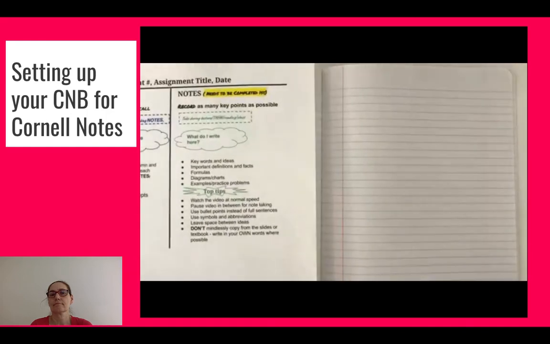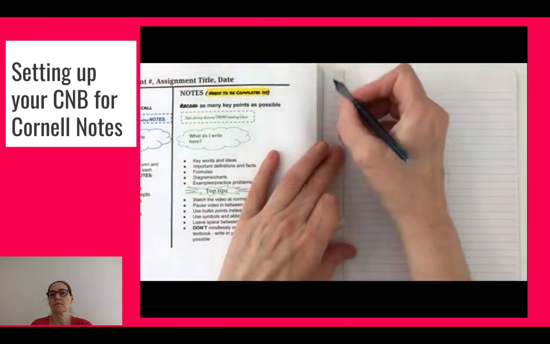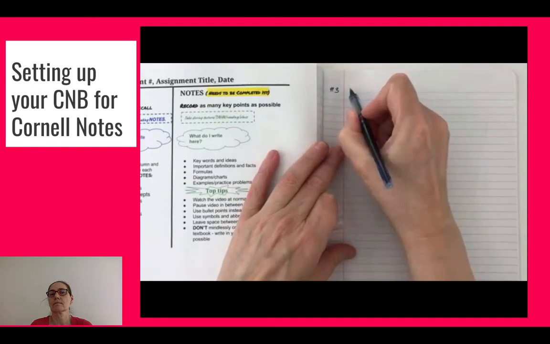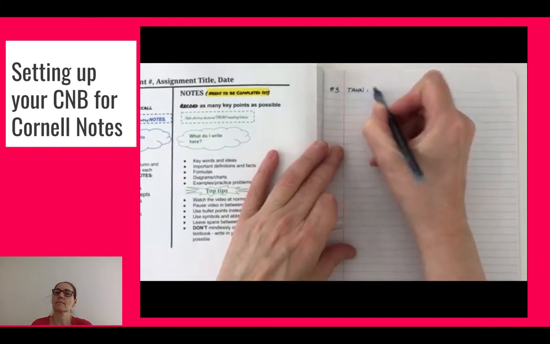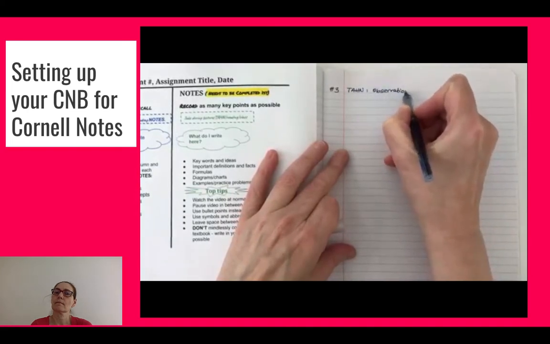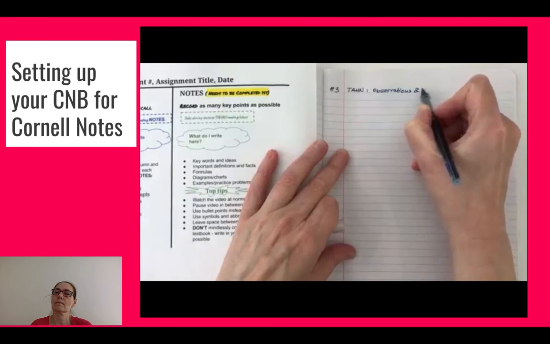So let's do that. My assignment number will be number 3, and the assignment title is TAN, observations and inferences.